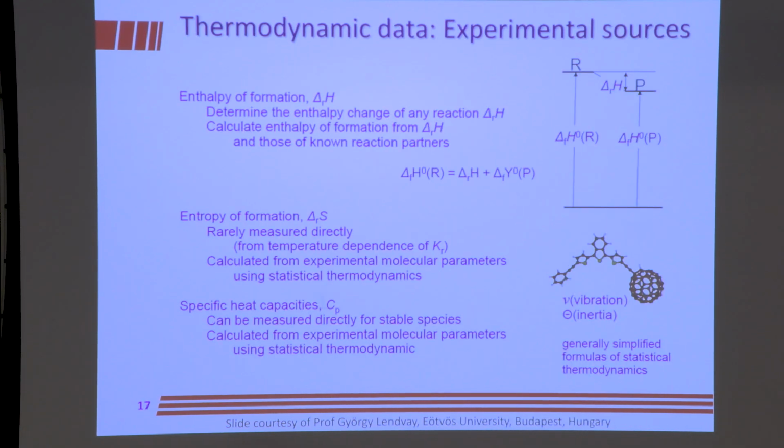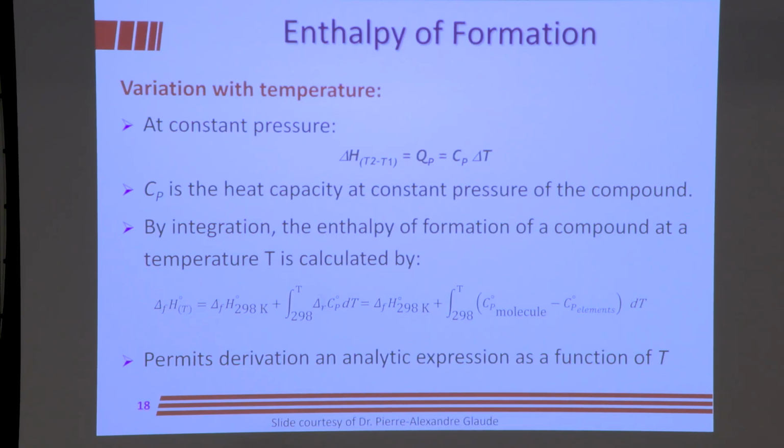So we typically get thermodynamic values from experimental sources, okay? And I'll give some examples of this as we're going through the lectures, okay? But also sometimes from quantum chemistry calculations, right? Or from theory, well, theory is quantum chemistry calculation.